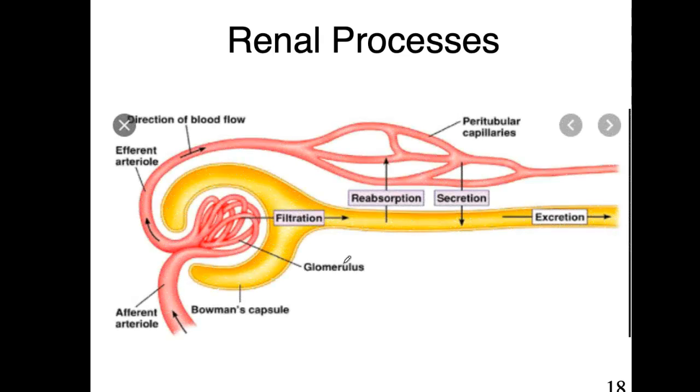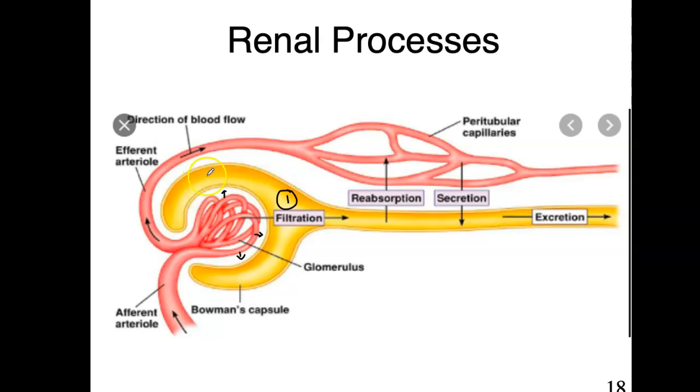Okay, so let's think about what's happening in the renal processes. And this is a very general slide. We have the afferent arteriole arriving, all the capillaries, and what's going to happen is here, one, you have filtration. Okay, so this is like a sieve, and it's allowing fluid. Remember, this is leaky, and it's allowing fluid to exit here.